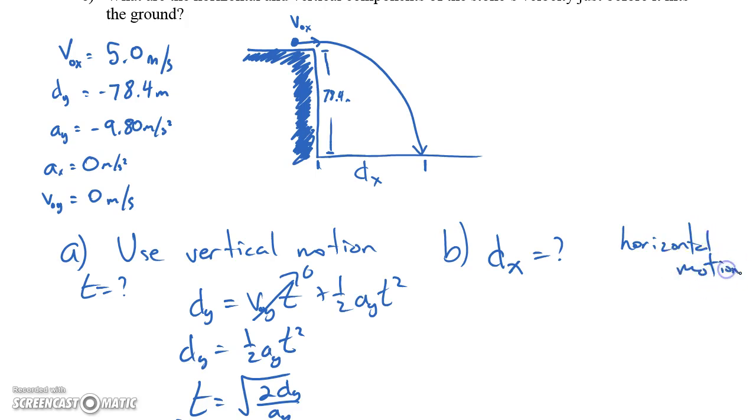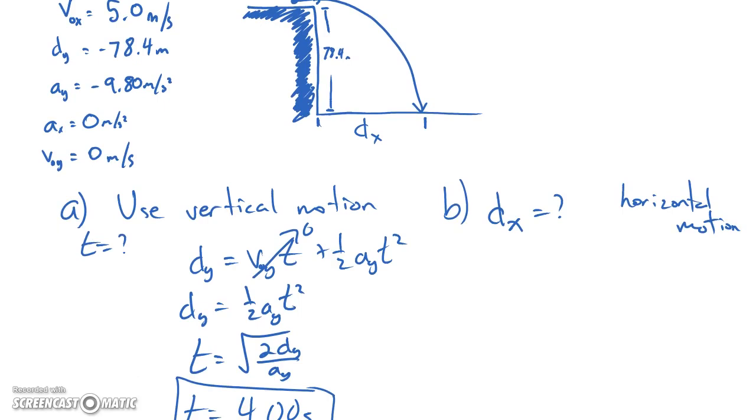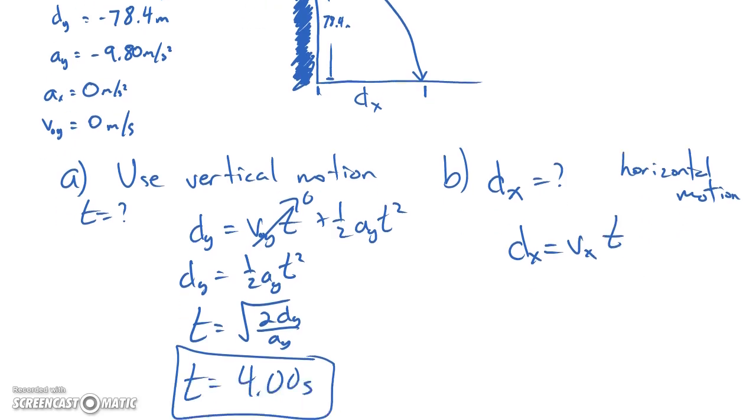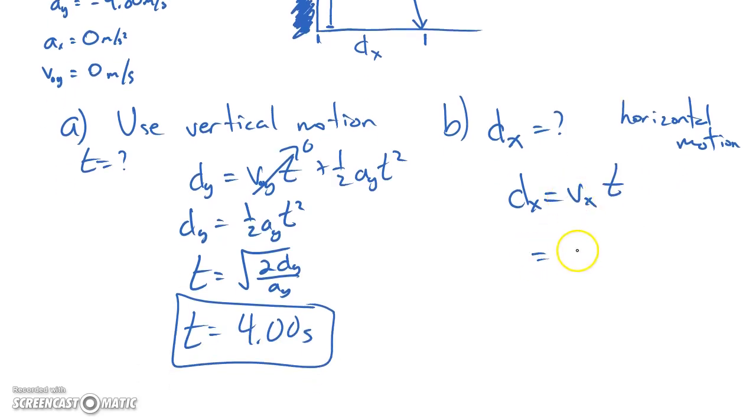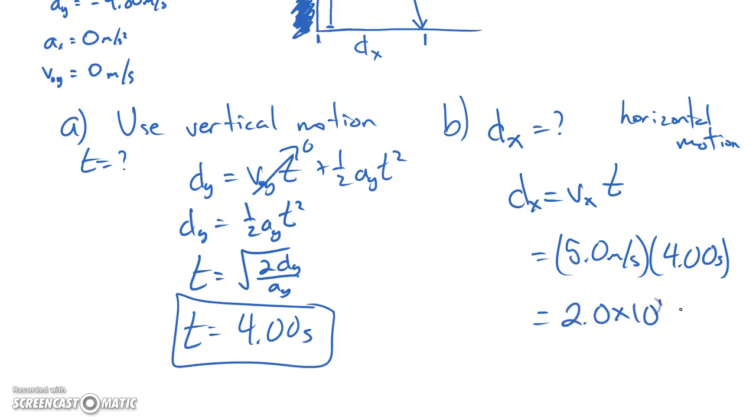Think back to our list on the previous page, we have one possible equation, dx equals vxt. We know what vx is, we just figured out time, so we have 5.0 meters per second times 4.00 seconds. That's going to give us 20. 4 times 5 is 20, but we have to make sure it's got 2 sig figs, so we get 2.0 times 10 to the 1 meters for dx.